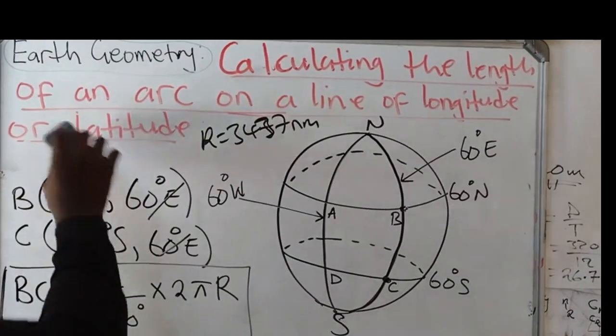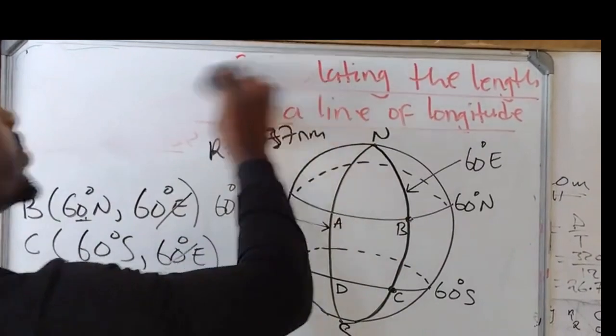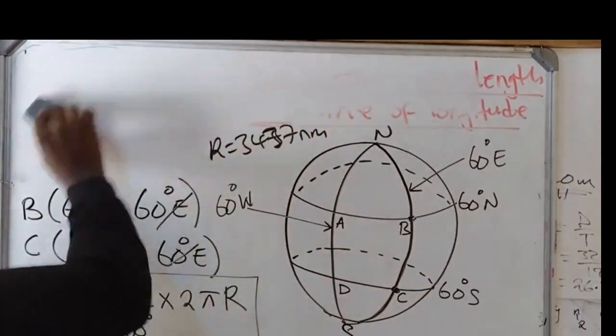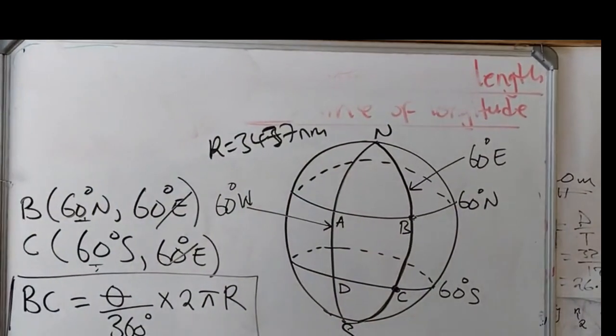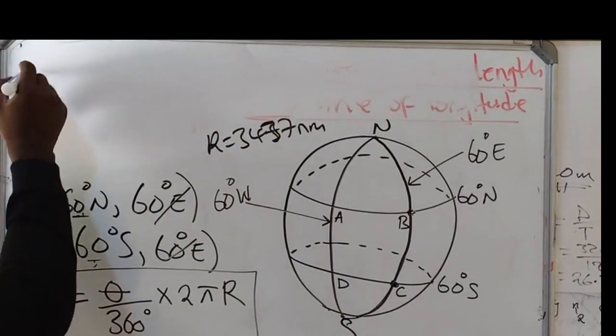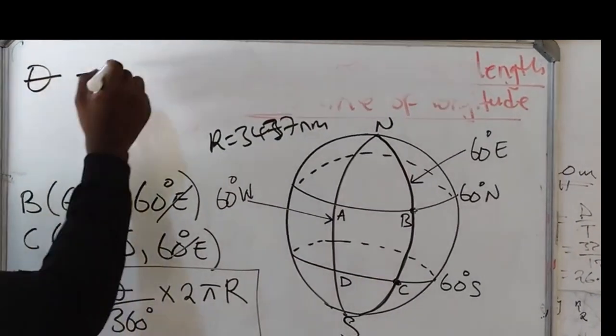How can we find that difference? For theta, this is the difference in latitude. We say 60.